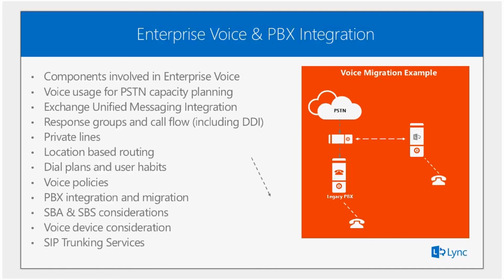Well, an SBA takes those two things and it bundles them into one piece of hardware. So it's a gateway solution that has Lync elements on it. Now, it doesn't have all the Lync elements. It only has the Lync registrar service, which enables people to sign in, and it only has the Lync mediation service, which enables calls to be transcoded before they go out to the PSTN.